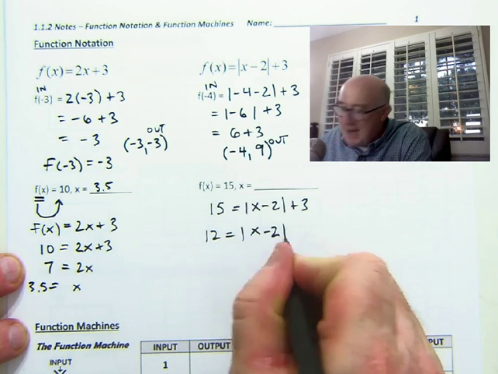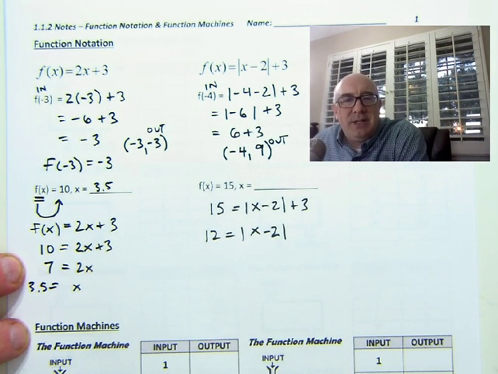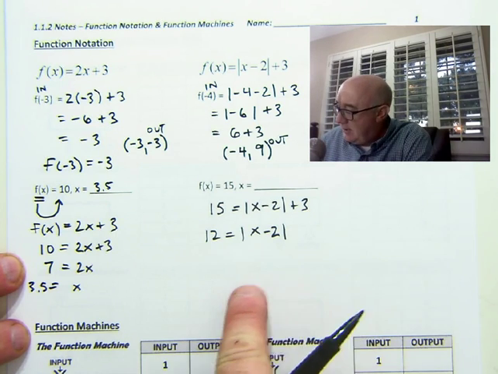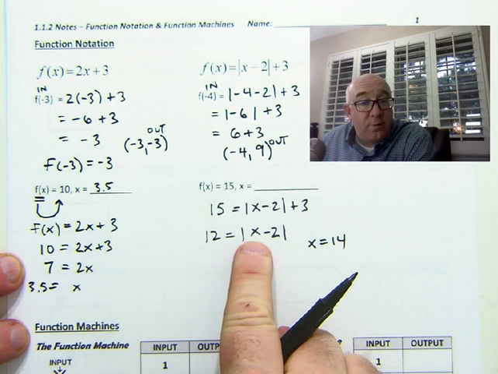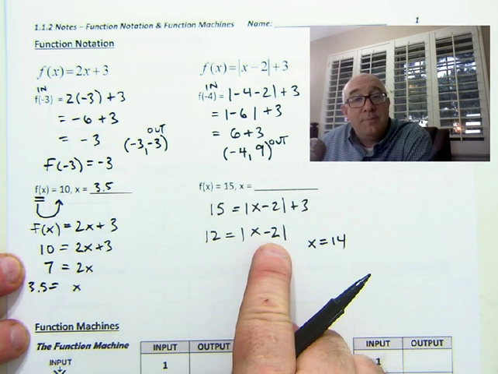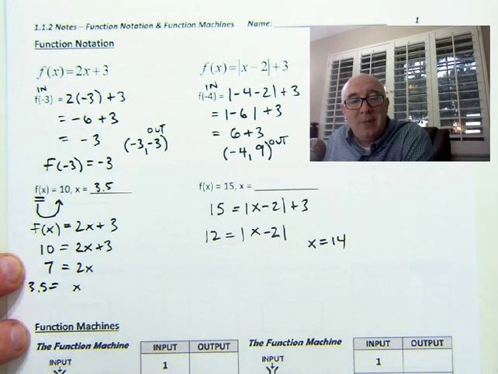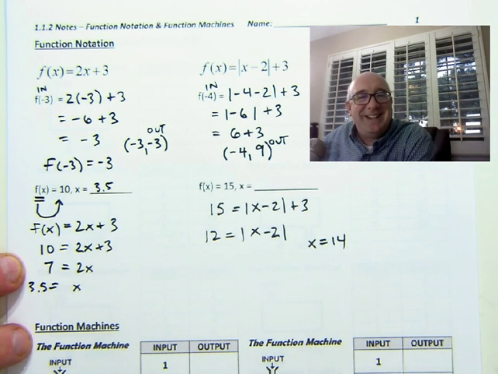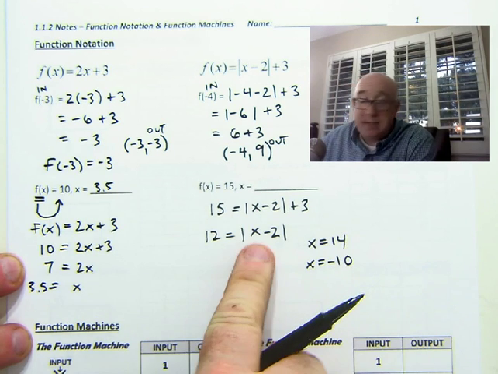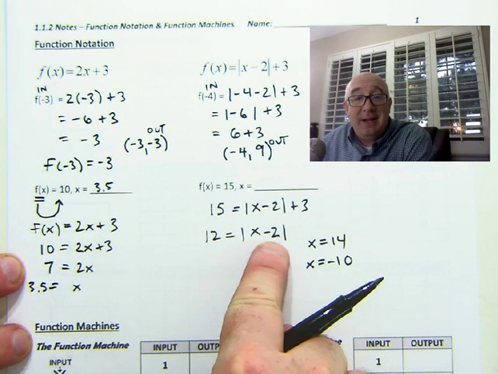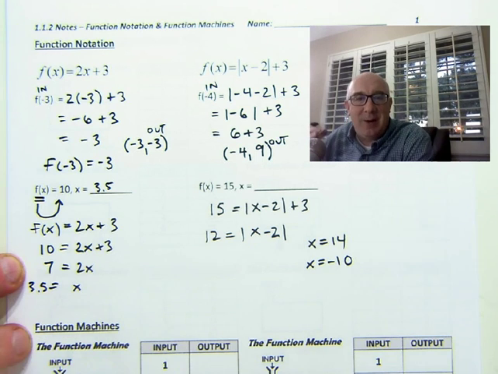Now this guy's actually a little tricky, but let's just do some thinking. I think it's fairly obvious that 14 would be one of our answers, because 14 minus 2 is 12. And then the other answer is the negative 12 answer. We could also put in negative 10, because negative 10 and negative 2 make negative 12, and that would work.